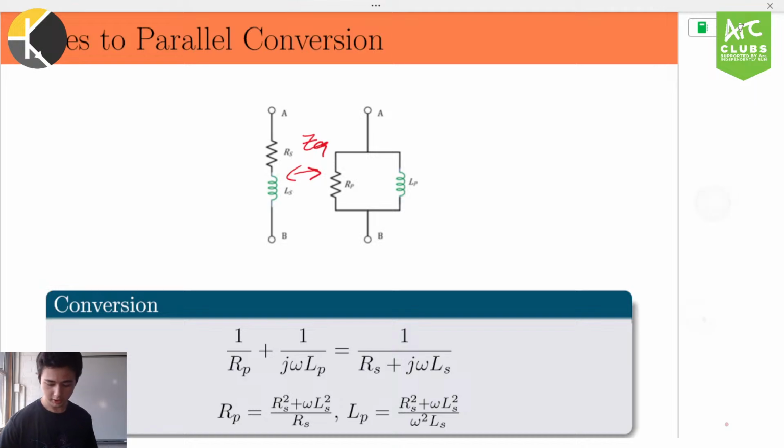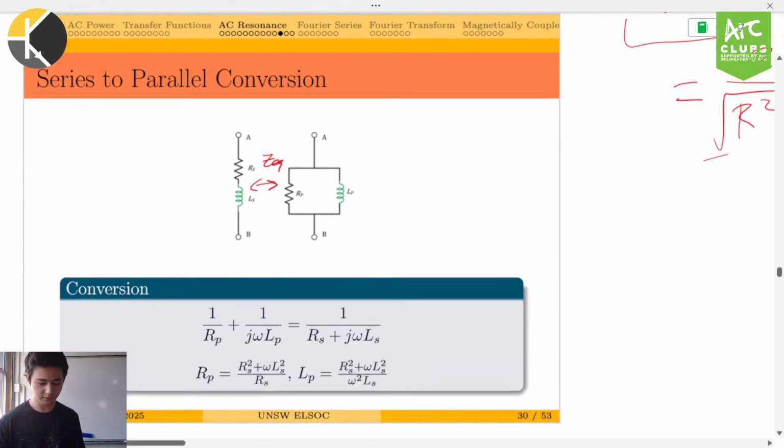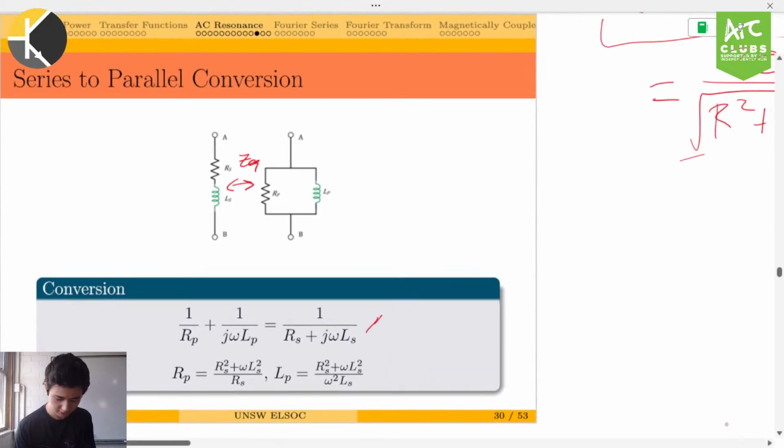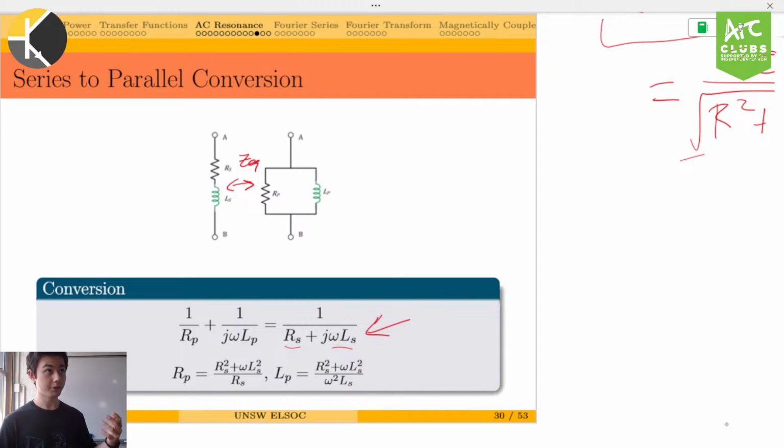to B. And the way we can nicely derive this is we look at this little formula here. Let's say I want to go from series to parallel. I want to calculate for my parallel values, right? So I need to divide it into real and imaginary components. So I just realize the denominator.